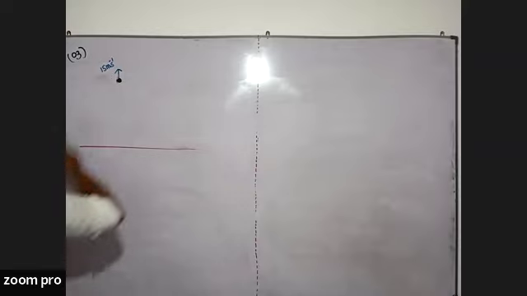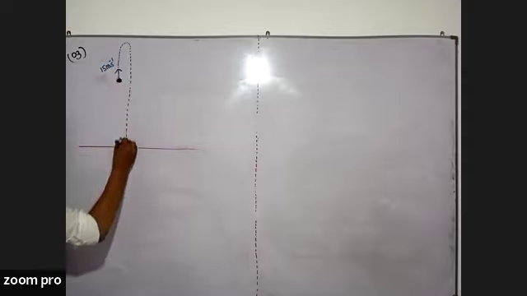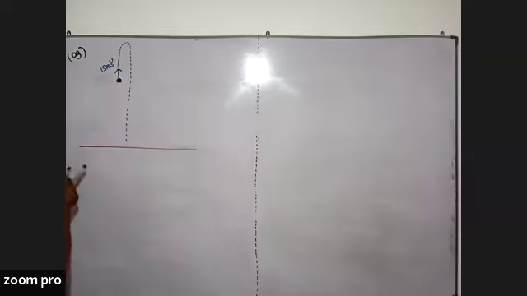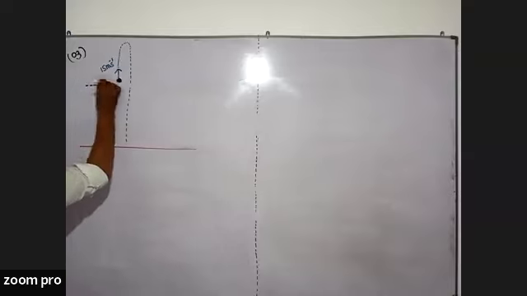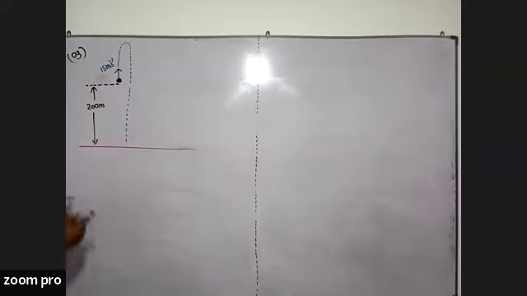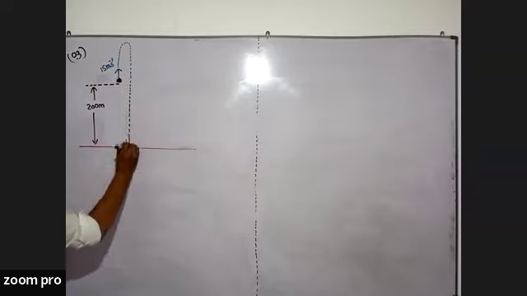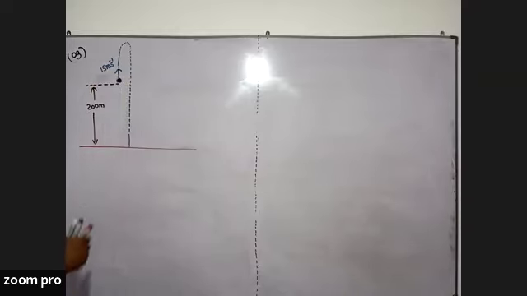So this stone moves in this kind of motion up to the ground, right? This object is released at a 200-meter height from the ground. This is the path of the first stone, right?